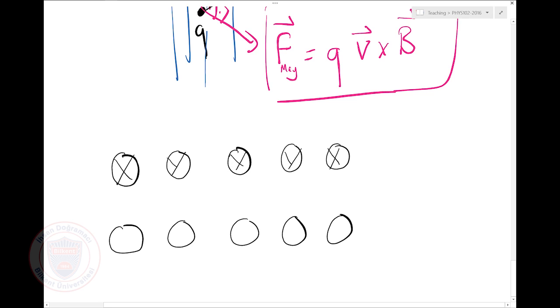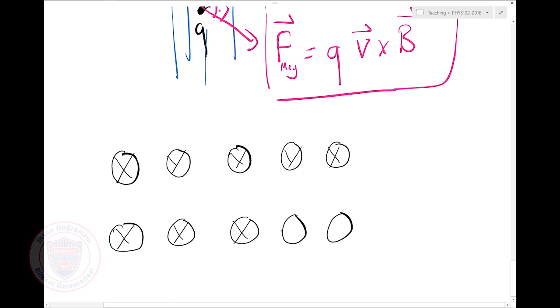You probably know this. What do these crosses mean? A circle with a cross is into the page. A circle with a dot is out of the page. So here I'm assuming there is a uniform magnetic field into the page. Questions?